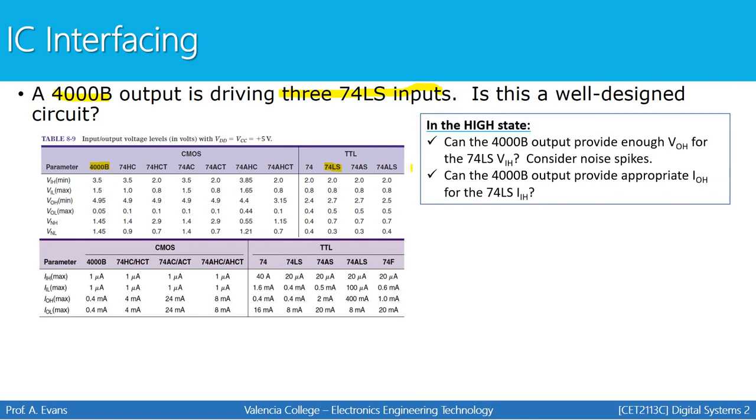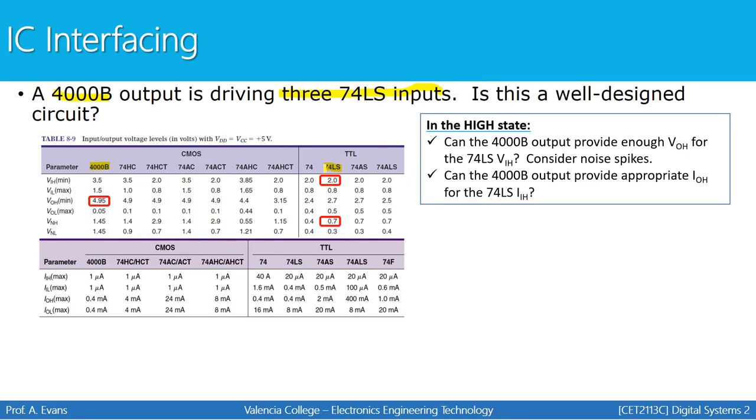We're going to consider the same questions as before. We're going to look at the high state and the low state and ask ourselves the same 4 questions. Basically, in the high state, is the output voltage high enough, even with a voltage spike, a noise spike? Is the output current high enough? Those are the questions we're asking. So let's take a look at the answers to those 2 questions for the high state.